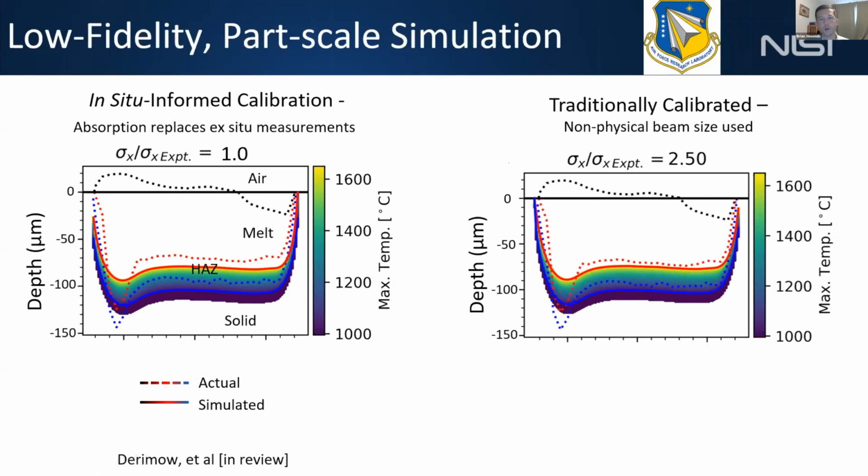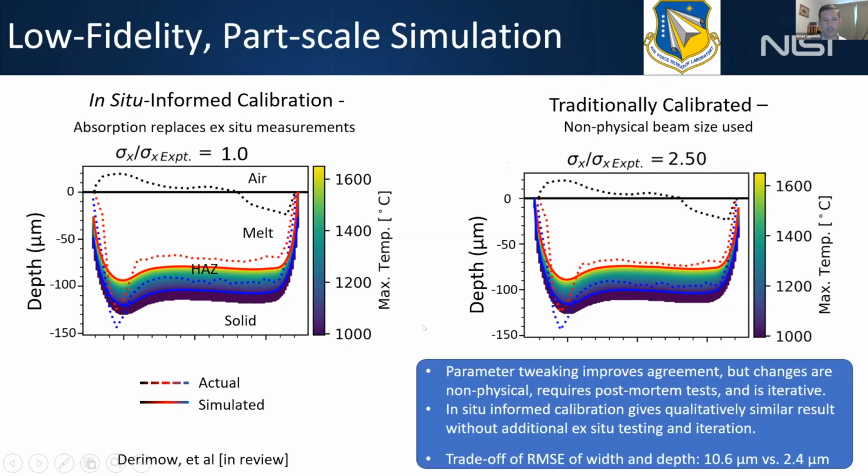We wanted to quantitatively compare this to the traditional calibration procedure. That's the results on the right. Here you can see that Eddie has changed this sigma x parameter to be 2.5 times larger than what we know the answer to be from experiment, but it's the tuning parameter that's being used. And again, qualitatively, this agrees pretty well with the in situ informed calibration.